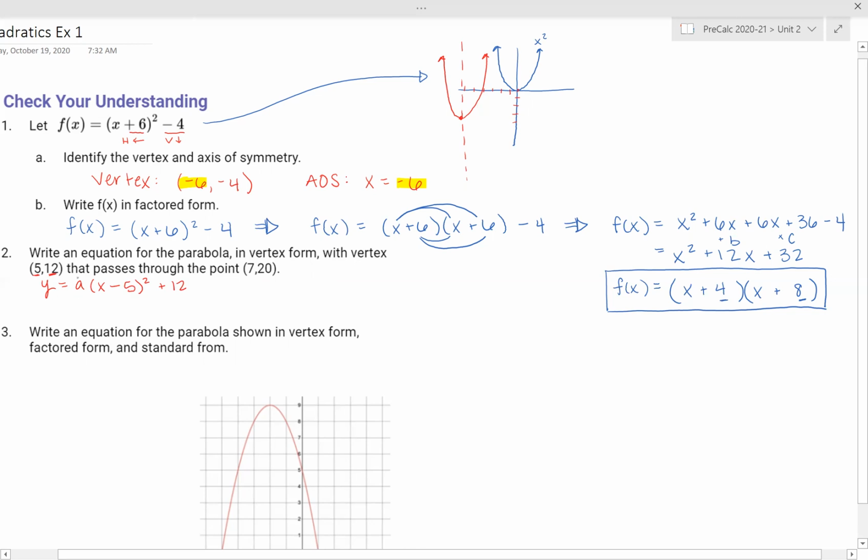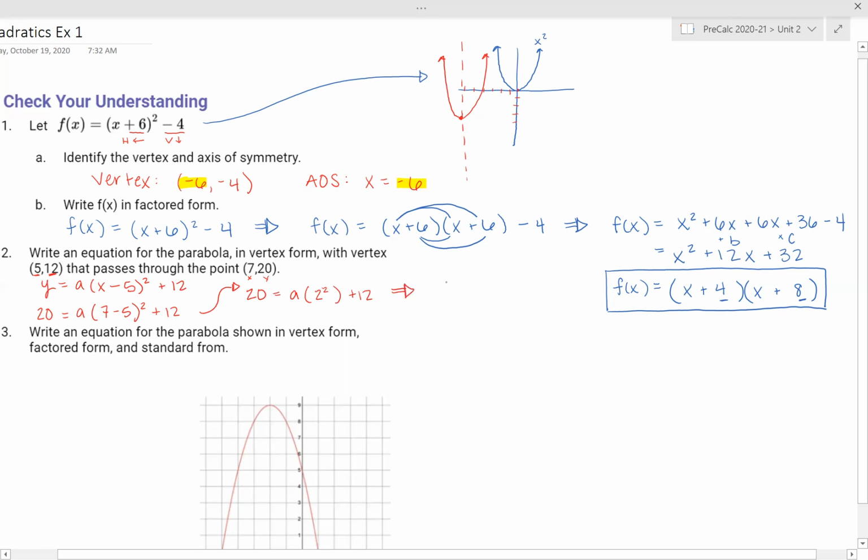Now notice here, this a, we don't know. The x and the y, we can take straight from this point. So I can say 20 equals a times (7 minus 5) squared plus 12. That gives me 20 equal to a times 2 squared plus 12, since 7 minus 5 is 2.